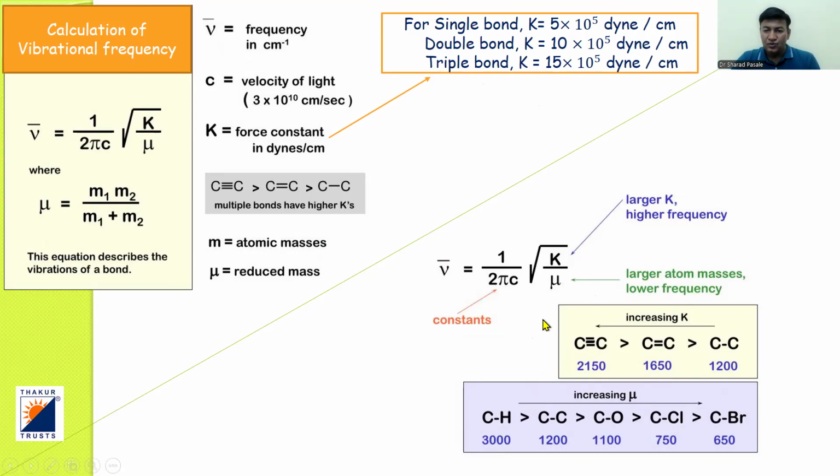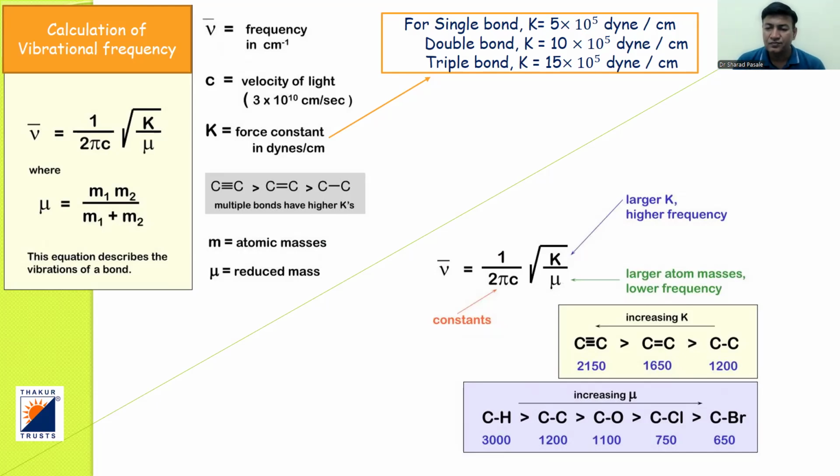For example, if we put the value for the carbon single bond carbon stretching frequency or wave number, it comes around 1200. The value for carbon triple bond carbon is 2150. These are approximate values. By calculation, it will come around plus or minus 5.